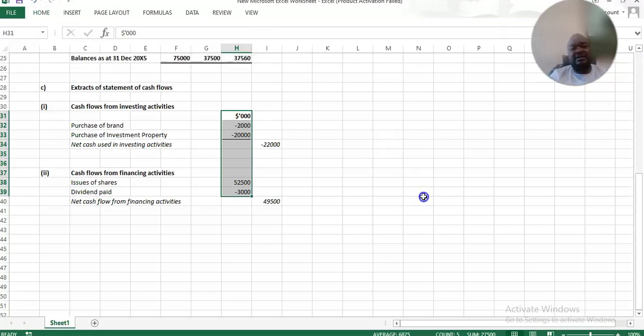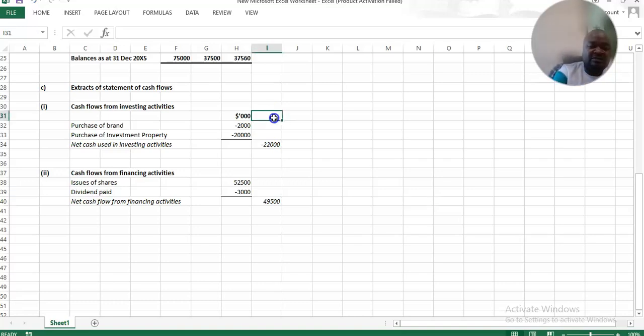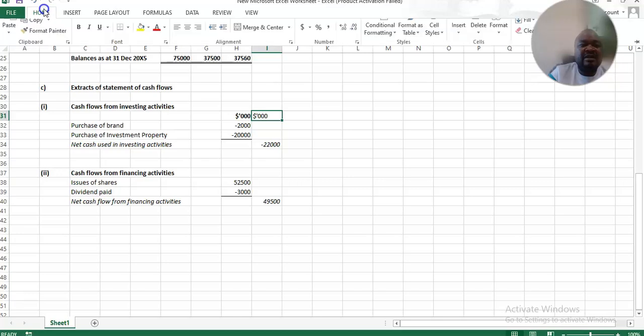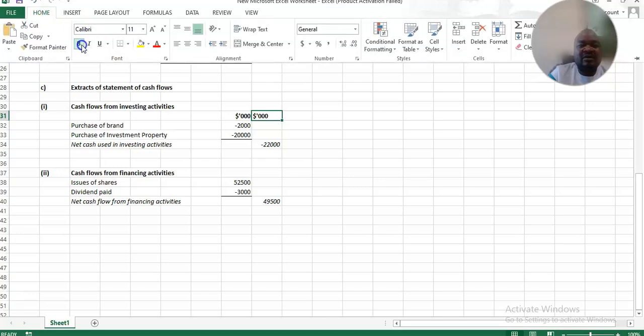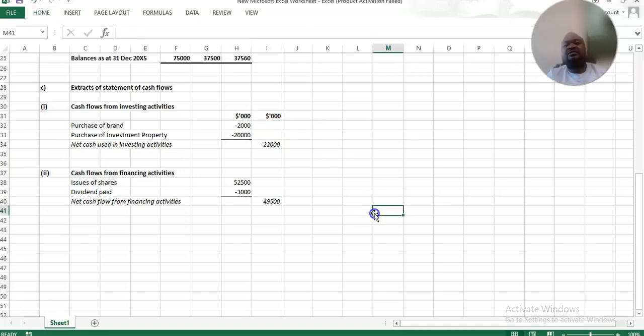Like you might want the dollars to align. You can put dollar thousands here such that they become uniform, so they are also valued properly. Good.